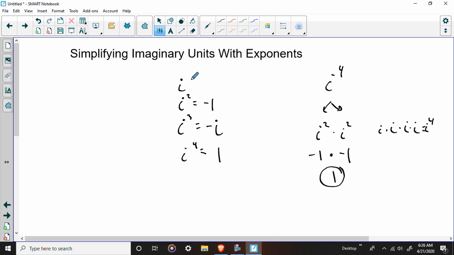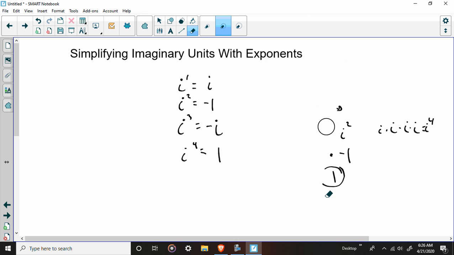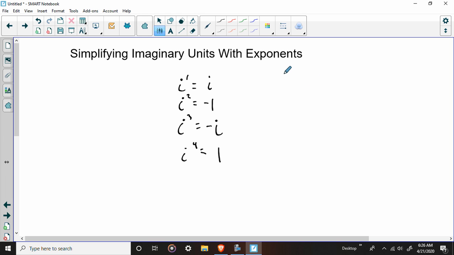Okay? So this is going to be our pattern. This pattern is just going to repeat again and again and again. So the big thing we want to do is divide by 4. Just to show you, if I said, what's i to the 5th?